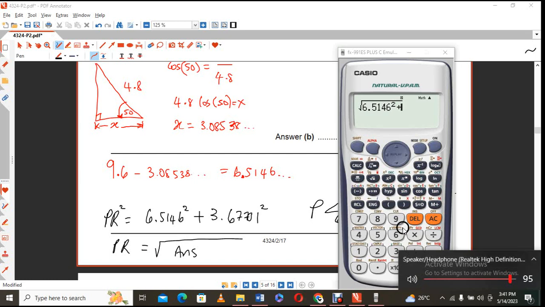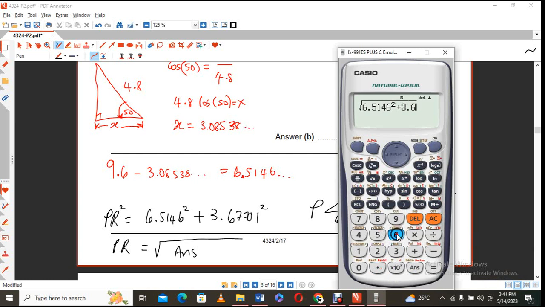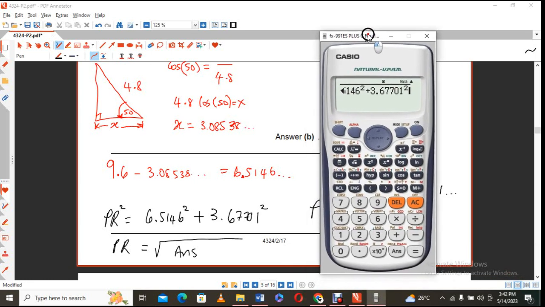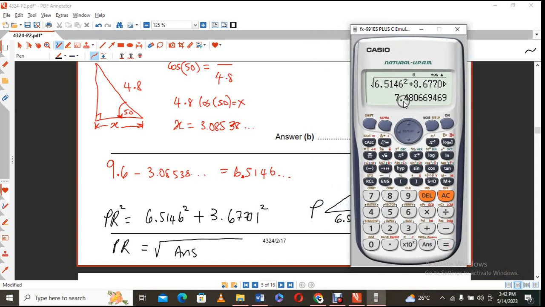Okay, just excuse me there for pressing the wrong key. Then it's 3.67701 squared. Bear with me. So we are going to hit equal to, so that is 7.8066.